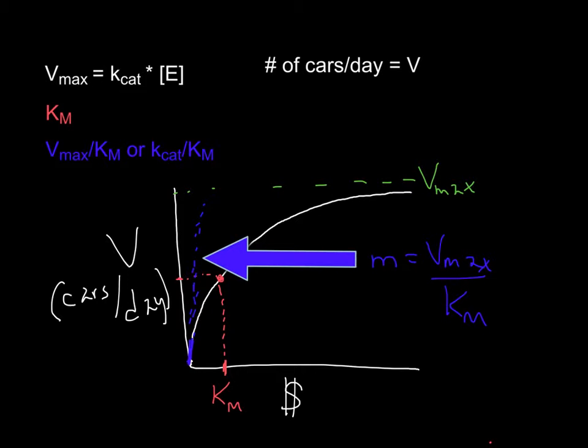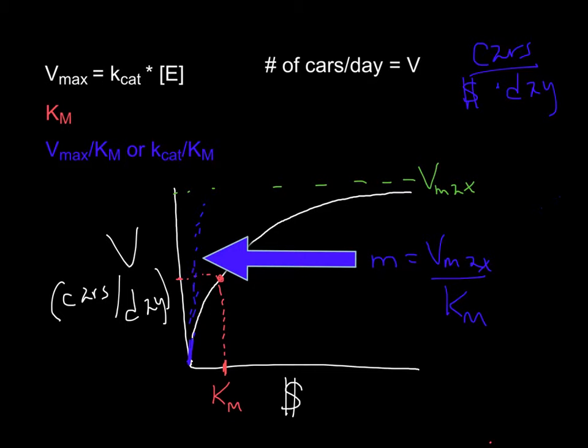It's still not really obvious, but let's just talk about the units. The units for Vmax are going to be cars per day per dollar. Okay? Or another way to think about that, here, let me erase it and make it a little easier. The units for Vmax over Km, in this instance here, will be cars per dollar per day.